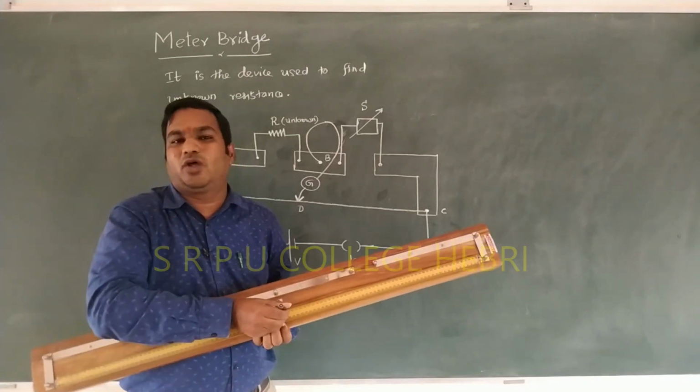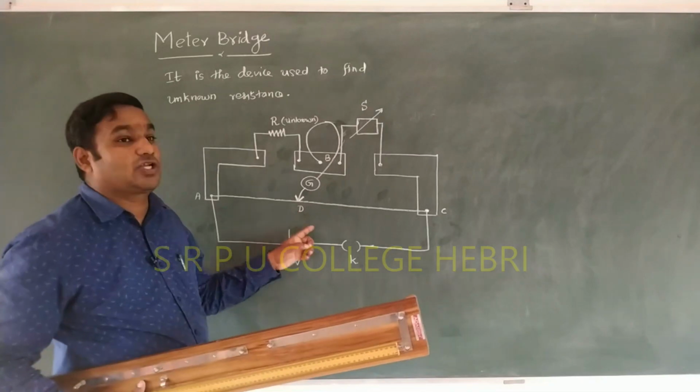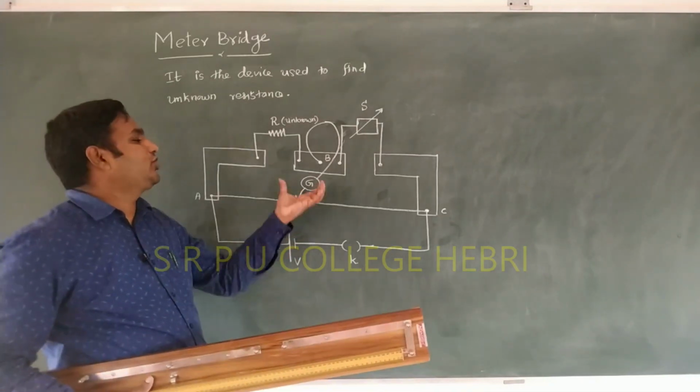The null point is the one where the galvanometer shows zero deflection. Point D is called the null point, where the galvanometer shows zero deflection.